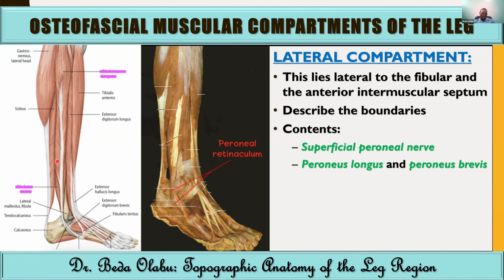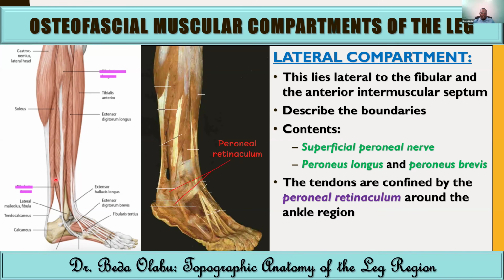In this image, you can see the two tendons. So you have the peroneus brevis tendon and the peroneus longus tendon. Those two muscles are the ones on the lateral compartment. These two muscles are also anchored by the peroneal retinaculum to prevent bowstring around this region. The peroneal retinaculum, however, is not as well developed as the other two retinaculum.